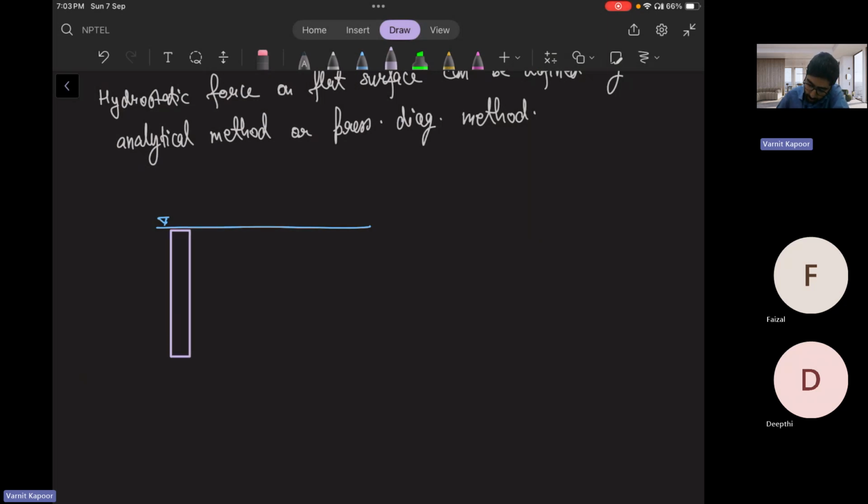And the isometric view of the wall will be somewhat like this. Suppose the height is h.